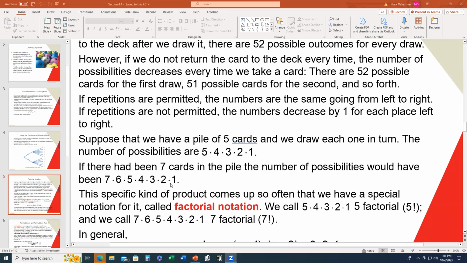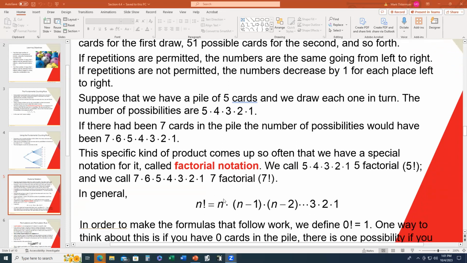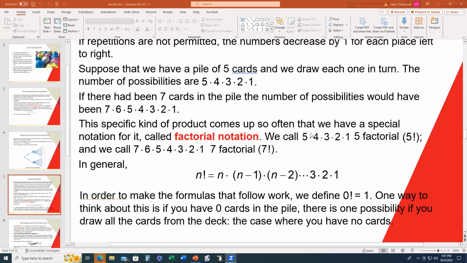This product is called a factorial. We call 5 times 4 times 3 times 2 times 1 "5 factorial," and that's represented symbolically as 5 with this exclamation symbol. So we read this as 5 factorial in mathematics.